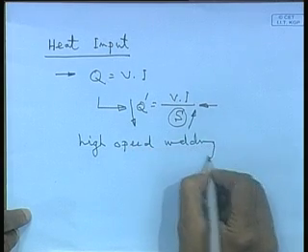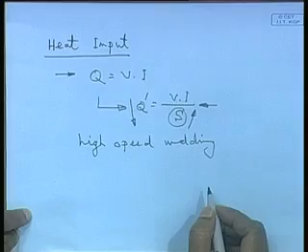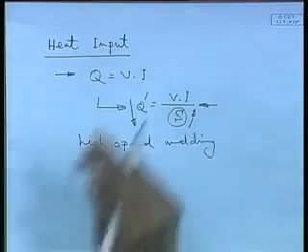Now, high speed welding process means what? It means the welding speed is high. Welding speed is high means what? It means there should be sufficient heat generation rate, which will enable me to melt and deposit the filler metal as well as melt the required amount of the parent metal in that lesser period of time.